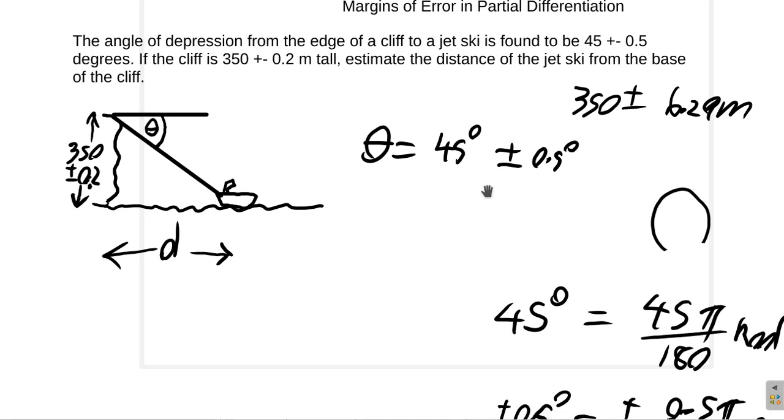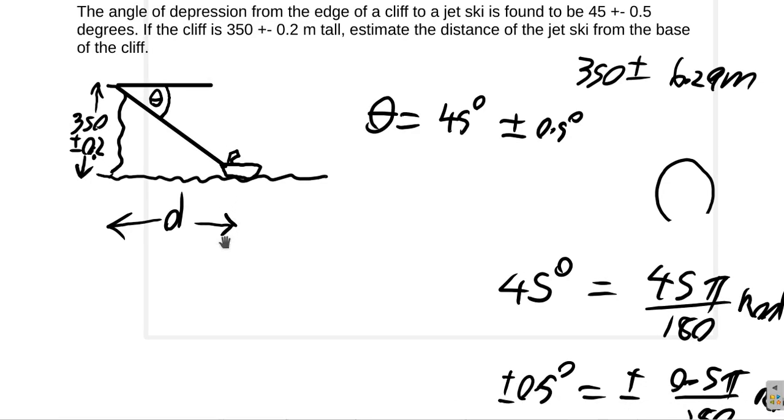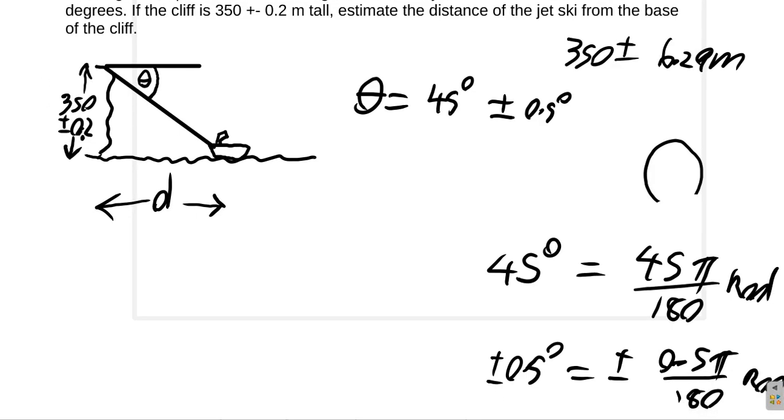Now, we need the formula. But before that, let's calculate the nominal value for D. Alright, so how does this go now? If we have this as angle, this is also going to be theta, same as what is up here.